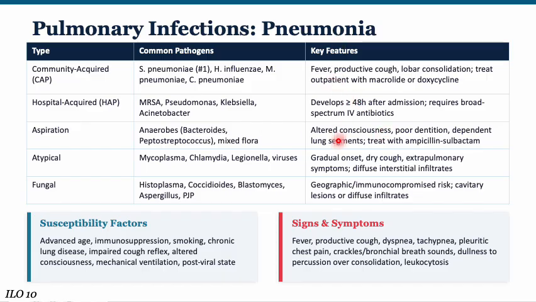Key features, a lot of times these patients may have some form of altered mental status, poor dentition, dependent lung segments. Treat them with amoxicillin or amoxicillin-sulbactam, which is Unasyn.